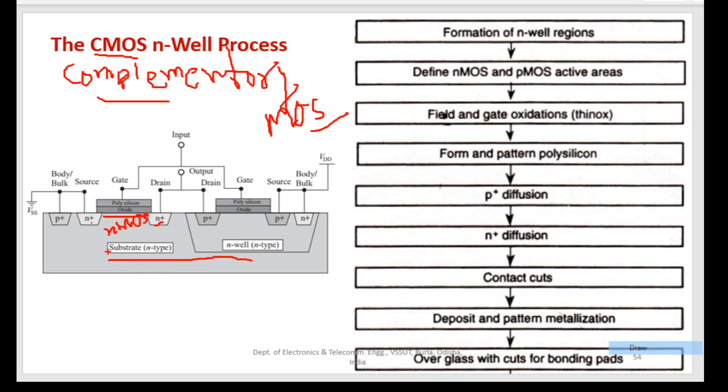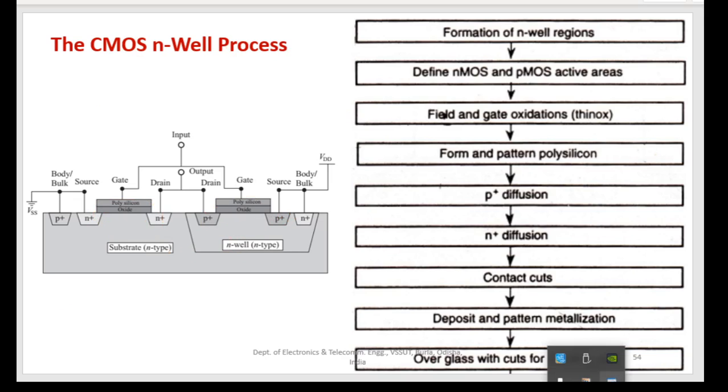And this area, P plus and gate, will be for PMOS area. So this PMOSFET is present along with NMOSFET on a single wafer, on a single substrate area, right? And then this particular structure is called a complementary MOS structure, right?